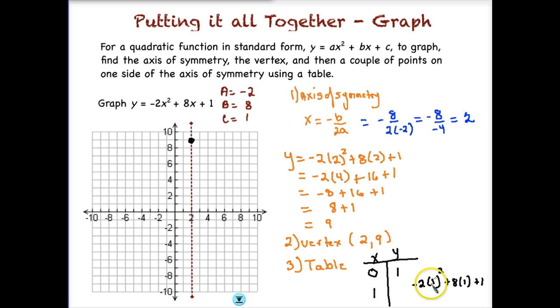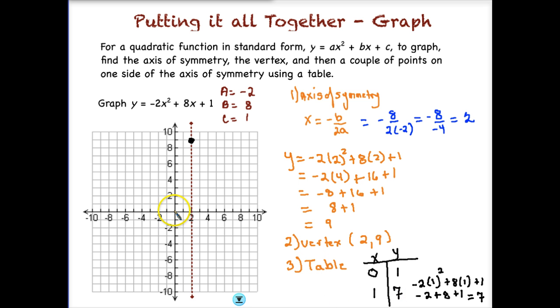In this case, 1 squared is just 1, and 1 times -2 will be -2. 8 times 1 is 8, and then I have plus 1. -2 plus 8 is 6, and 6 plus 1 is going to give me 7. So when I plug in a 1 into my equation, my y value is 7.